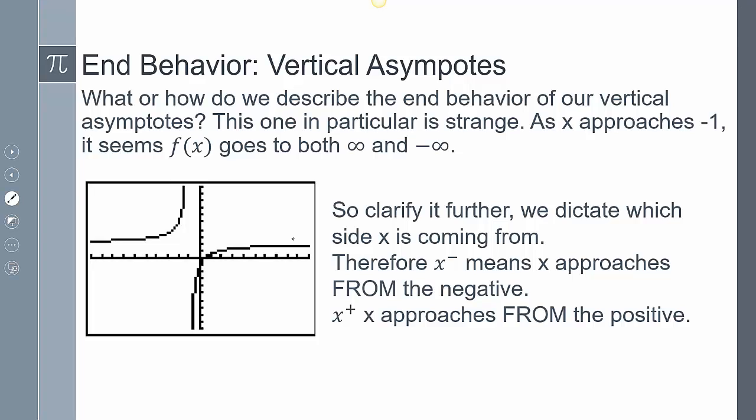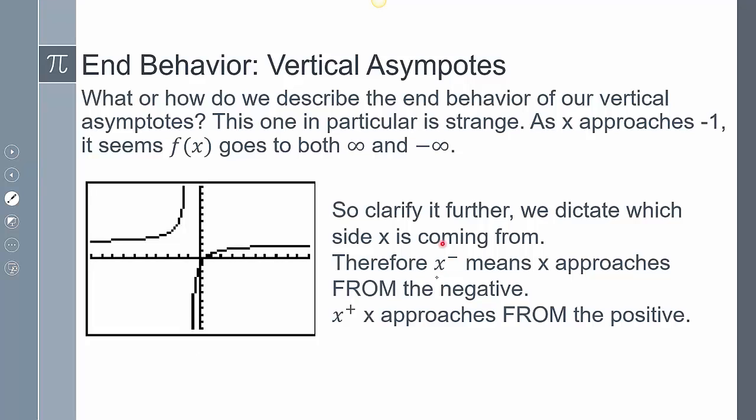Now taking a look at the vertical asymptotes, this is kind of strange, because with that vertical asymptote of -1, it seems that it's going to both positive infinity and negative infinity. And so what we have to do is dictate which side x is coming from.